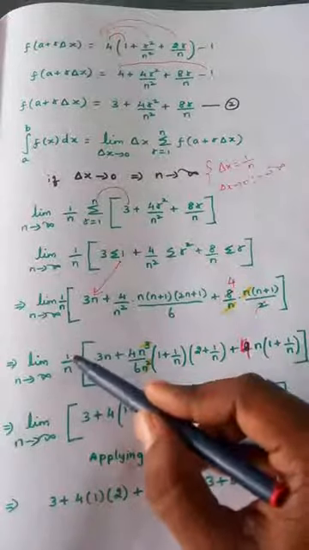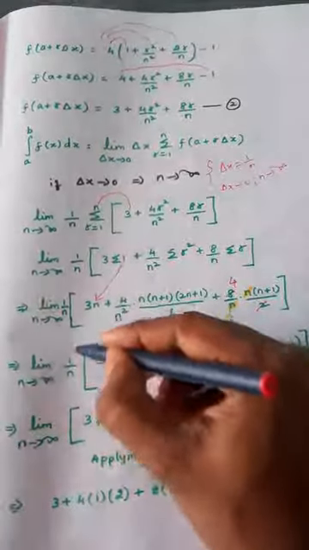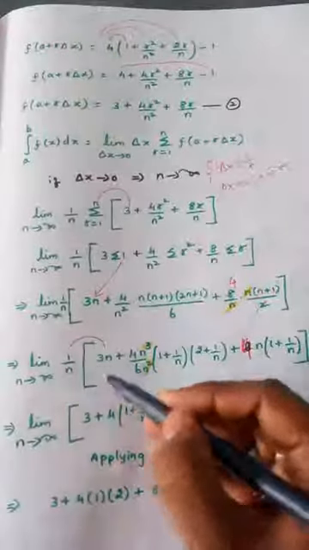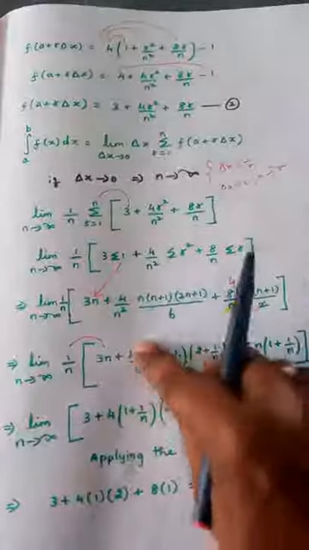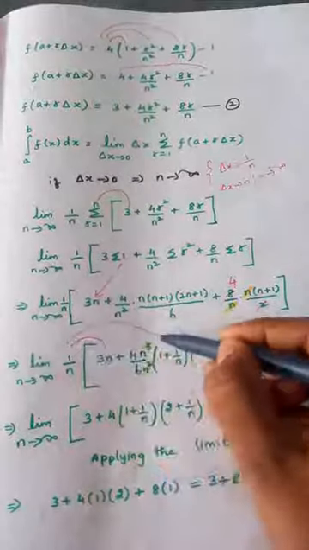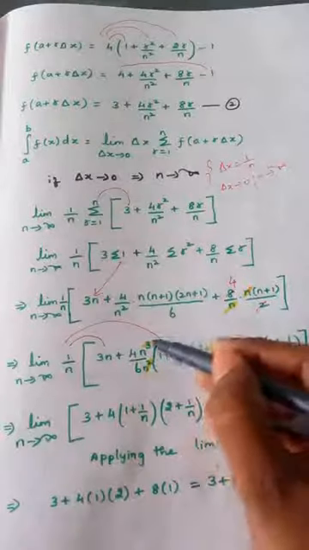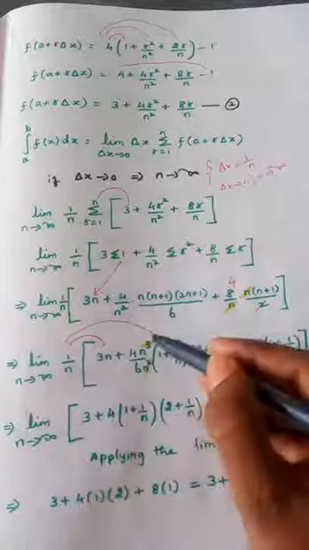Now bring this n inside. If n comes inside, n will get cancelled, so only 3 is present. If 1 by n comes to this term, here already n square, n cube, if it gets cancelled, only 1 n remains. That will get cancelled with this n.